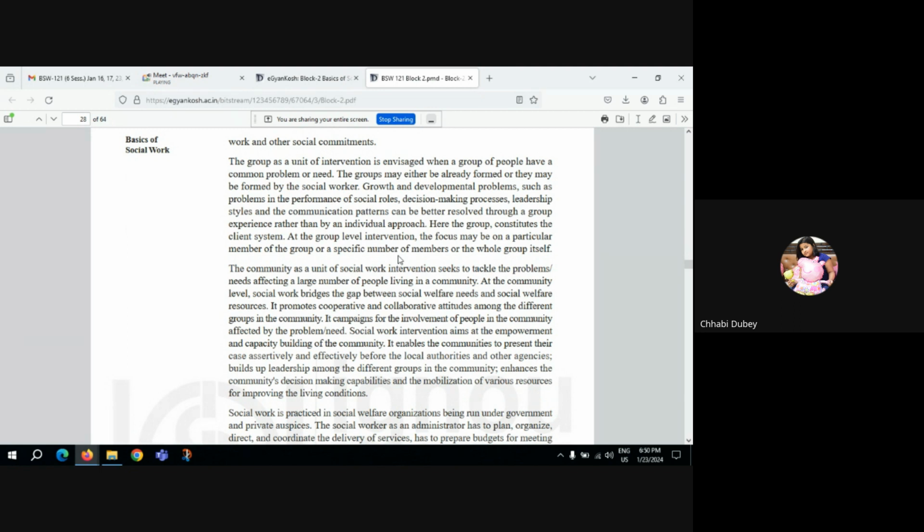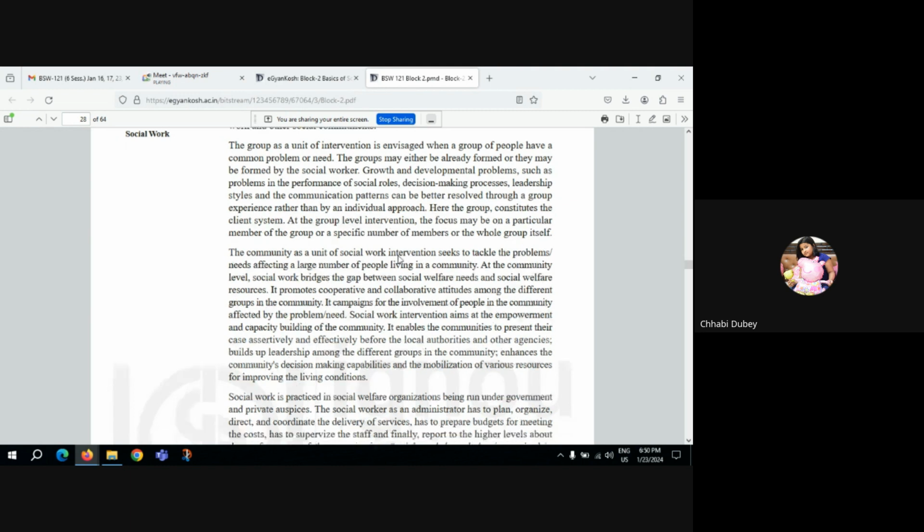We are going to formulate plans or interventions by bringing the people together, by mobilizing the resources of the community, by mobilizing the people and helping them to solve these problems, and to carry out the intervention at the community level, which would help them to create opportunities for the people in the community.